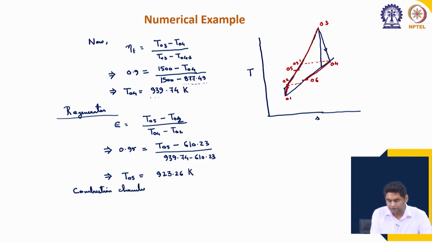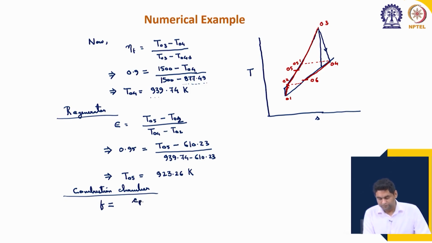Combustion chamber calculation. We will do the energy balance, and we have done that in the previous class. So, to save time I will directly write. The fuel air ratio is equal to, from energy balance, CPG T03 minus CPA T05 in this case, because that is the inlet temperature.